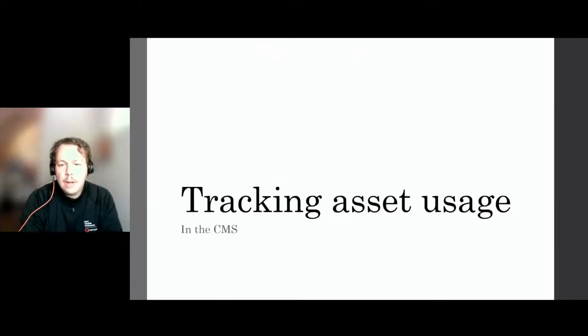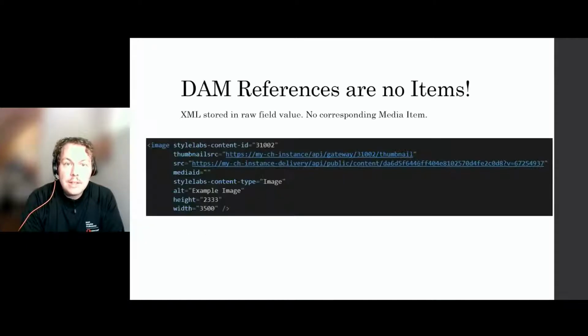So this leads me to our first customization that we could do: how can we track asset usage? First thing we need to understand is how Sitecore stores these assets within the CMS. There are no items.